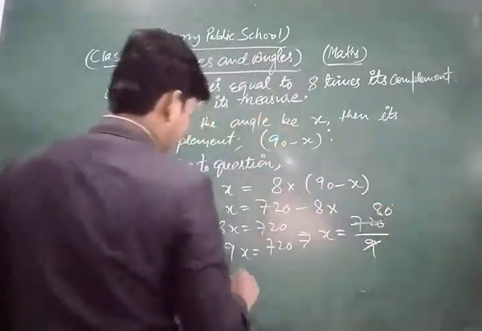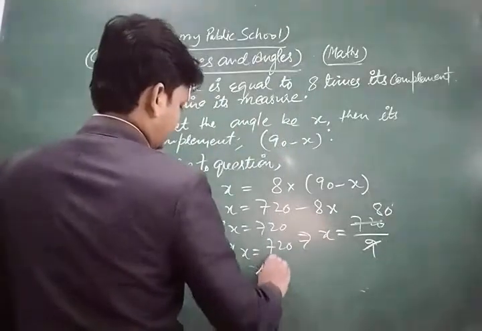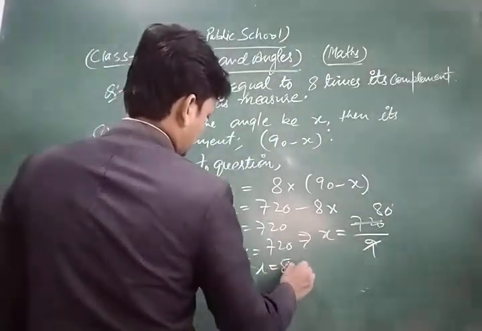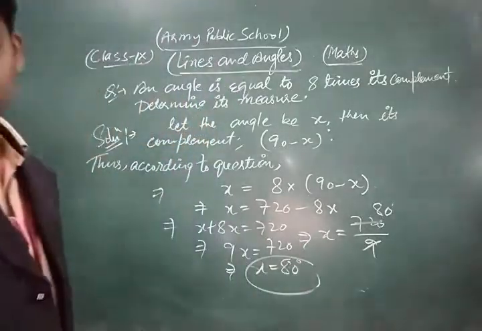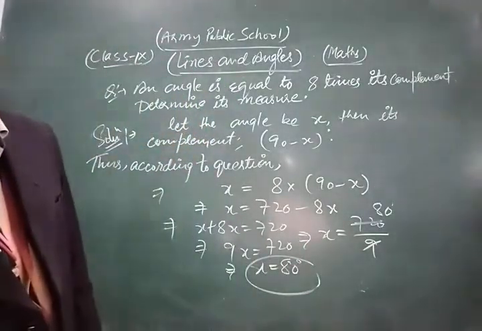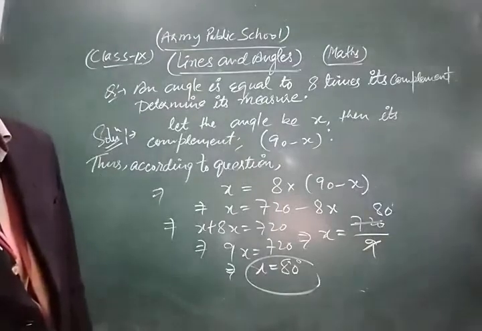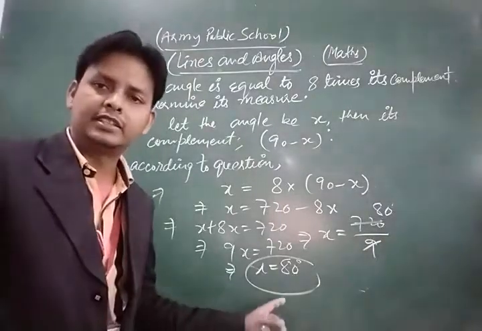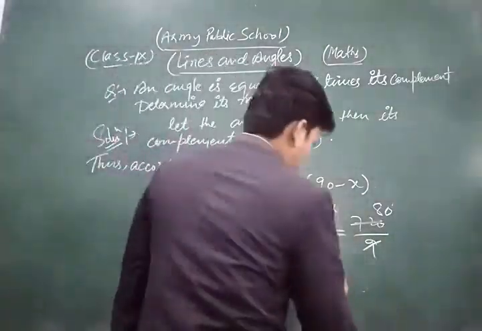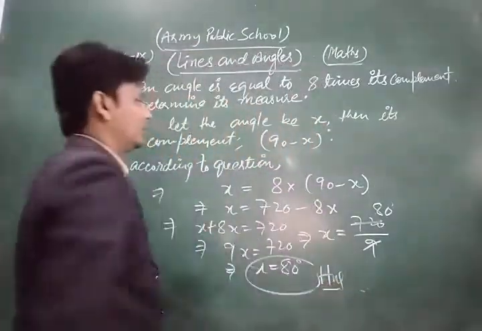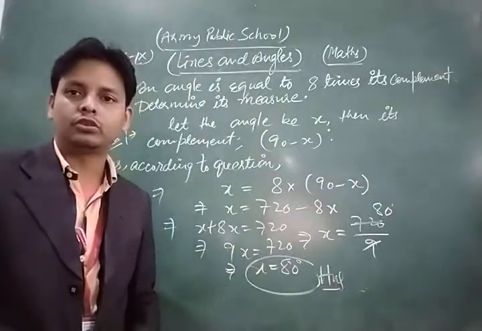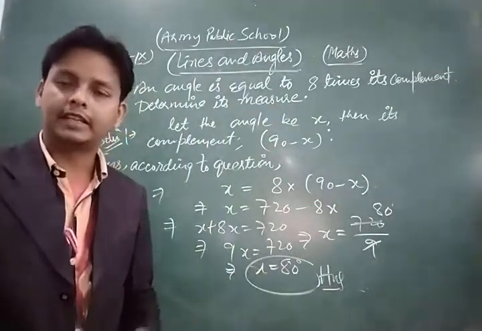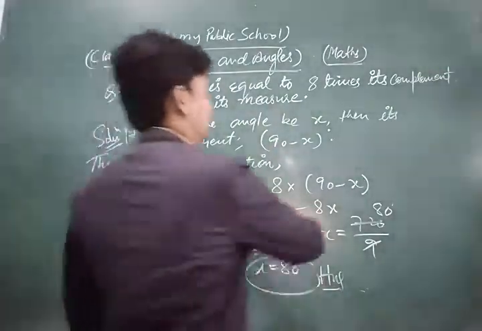Thus the value of x is 80 degrees. This is the required solution of the given question. In this way, you can solve questions based on complementary angles and supplementary angles.